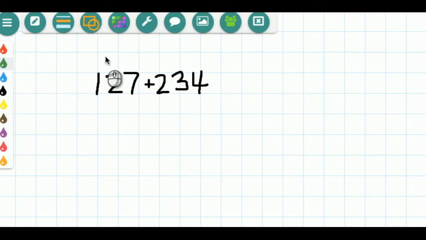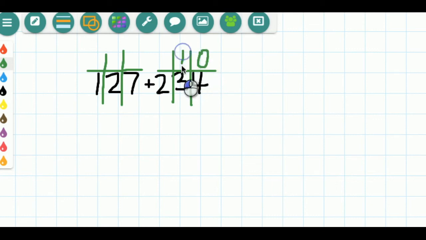With the first number, we have 7 ones, 2 tens, and 100. In the second number, we have 4 ones, 3 tens, and 2 hundreds. To help yourself, you can write these out, and that'll help you visualize what we're decomposing and how we can break these numbers down.